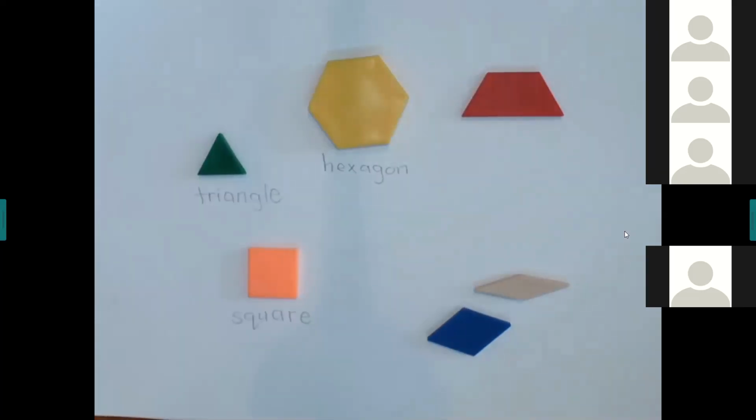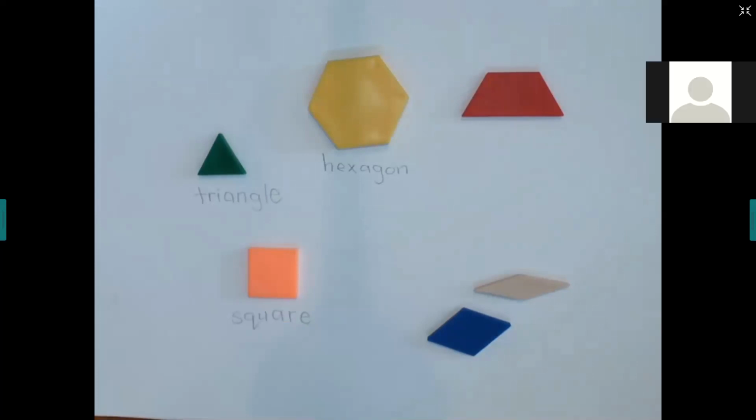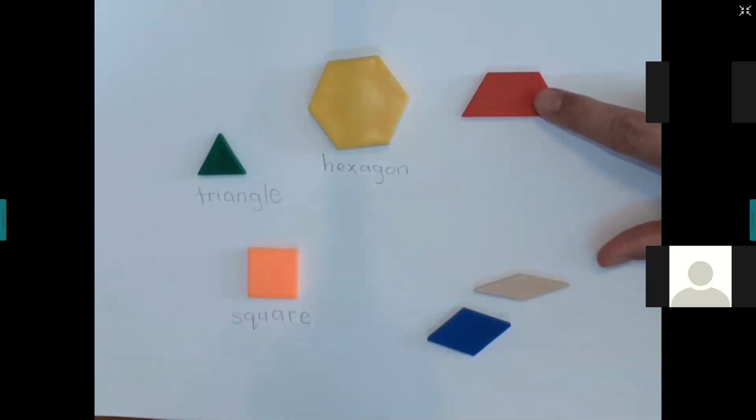I'm looking for hands. Oh, I have 10 people with hands up. My goodness. How about Zainab? Hexagon. You're close. You're so close.